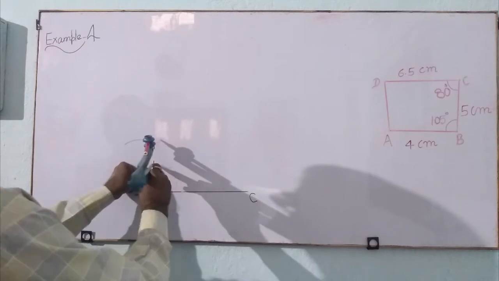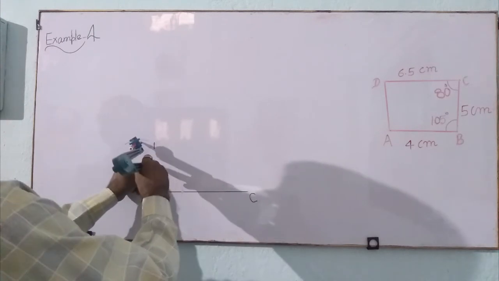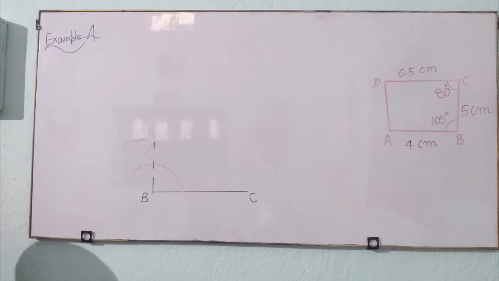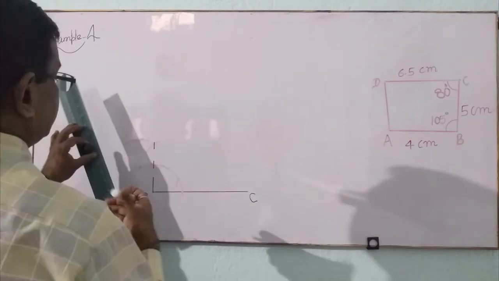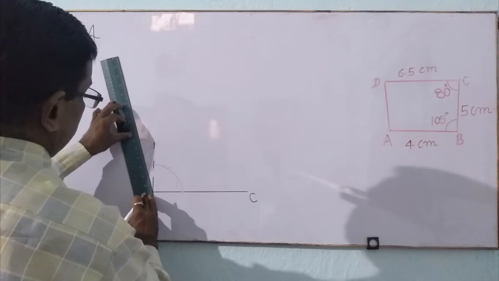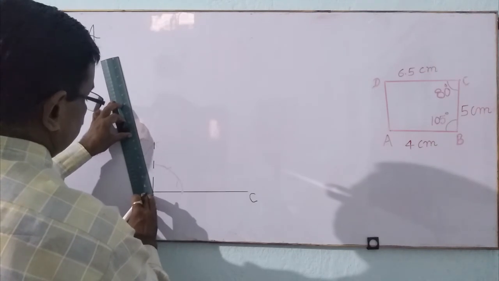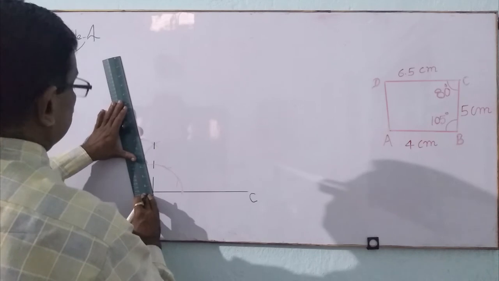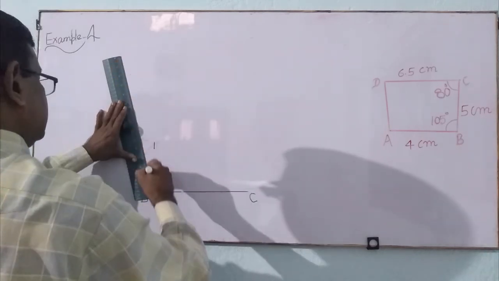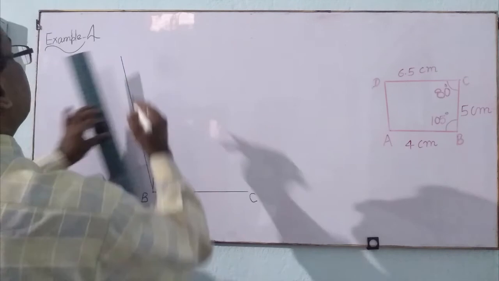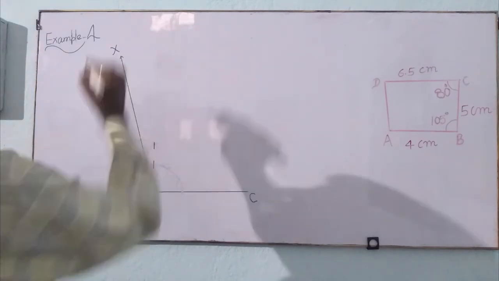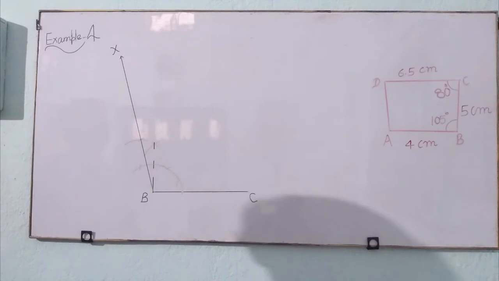Since this angle is more than 90 but less than 120, 105. Now draw a ray. Let us call this point X.